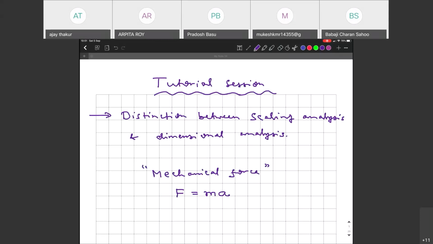And therefore, if we are asking for the dimension of force, that we know would be mass into acceleration. So mass into length per time square.